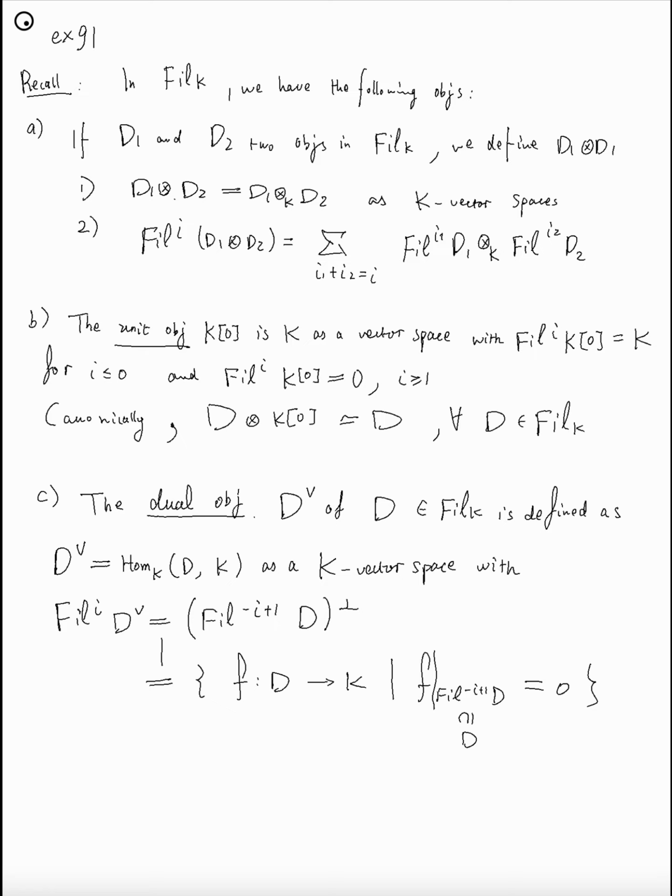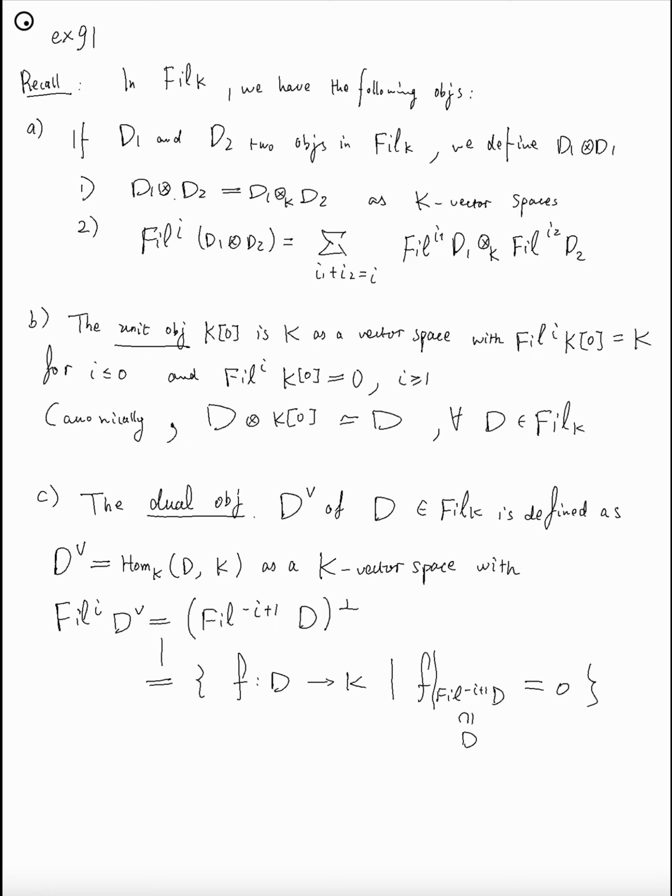And you could imagine, when you increase your index I, this filtration of D becomes smaller and smaller. But then the condition that the function restricted to this smaller and smaller piece becomes 0 indicates that the orthogonal could be bigger and bigger.